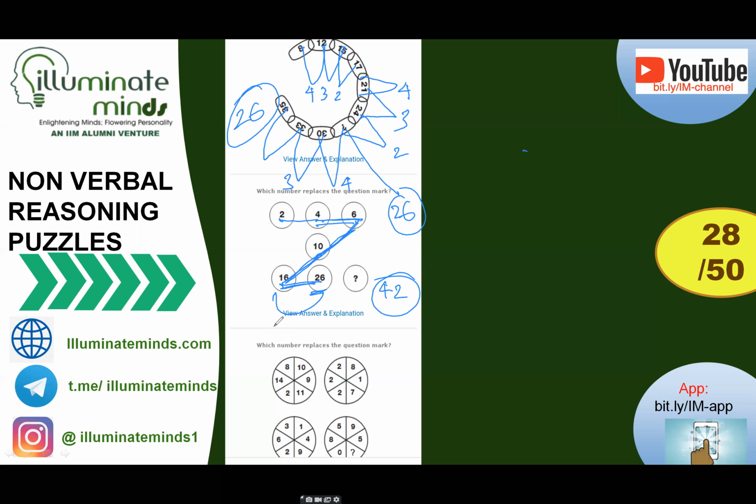So over here, yes, guys, what is happening? If you look carefully, this 8 is nothing but the sum of this 3 and this 5.